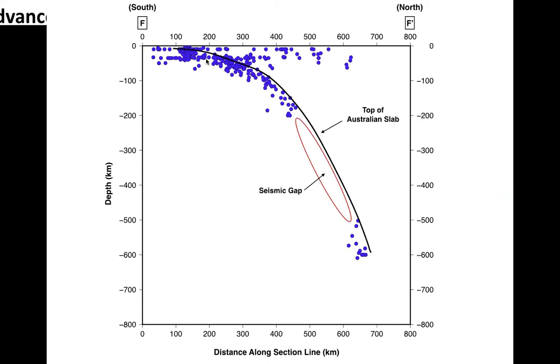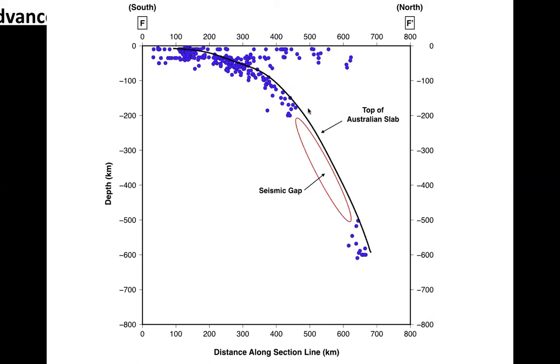Geometrical models show that the slab is likely still present here. So what exactly is going on at this location? In eastern Java, seismic tomography has proposed that slab tear and a large hole within the slab is the reason for this seismic gap.